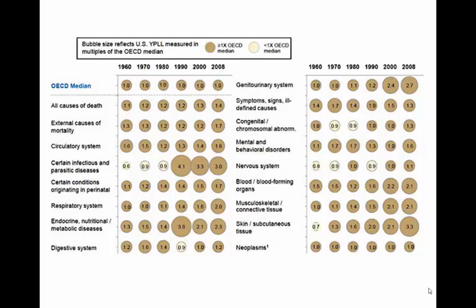So the numbers here represent how our YPLL compares to the YPLL of these 33 other wealthy nations. And as you can see, our outcomes are consistently worse for almost every potential cause of death. For instance, in 2008, we lost twice as many years of potential life compared to the other industrialized countries due to respiratory disease.